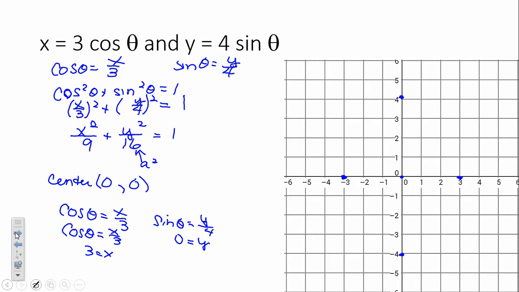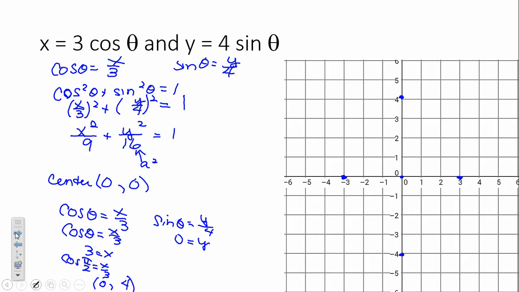And then let's plug in pi over 2. What's the cosine of pi over 2? 0, right? So at pi over 2, x is 0. And at pi over 2, the sine is 1. Take it times 4, you'll get 4. Okay?